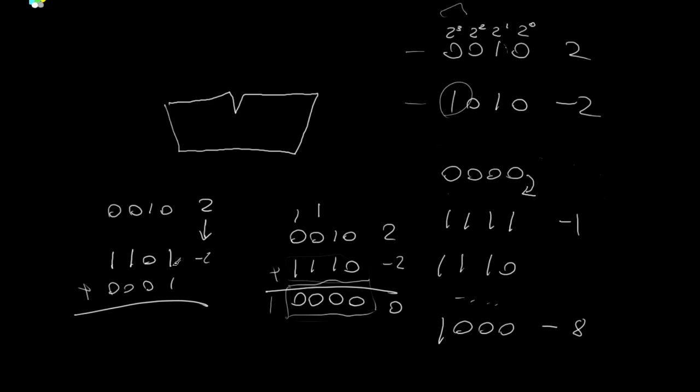So we add 1 here, 0, 1, 1, 1, and that is negative 2, just as we've shown here before. So all you've got to do to negate a number is flip all the bits, add 1.